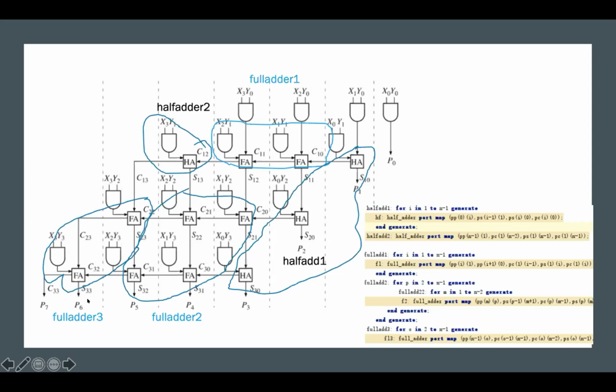Then the full adder 3. Full adder 3 is the last full adder of each line that is not in the first line, in the second line and the last line.